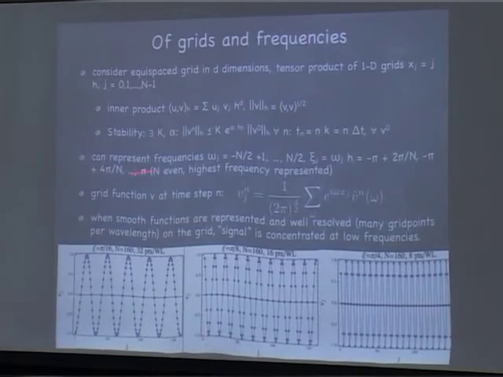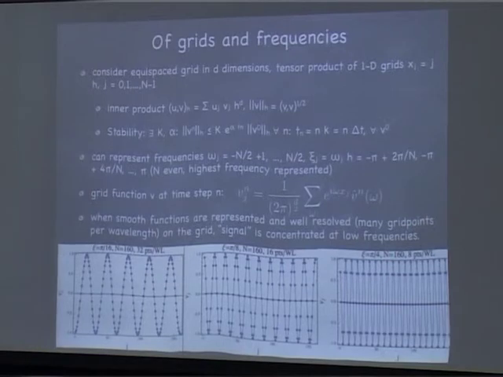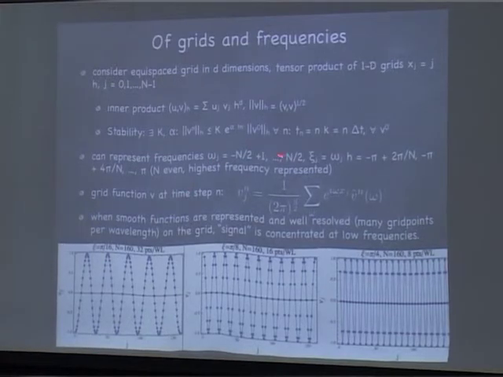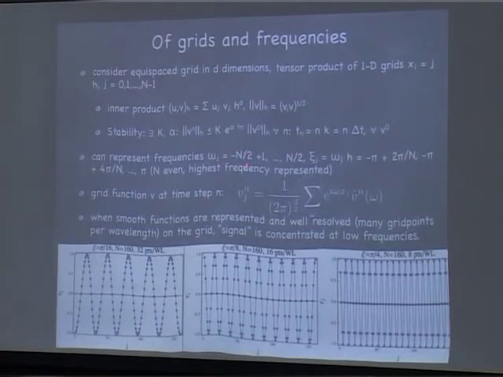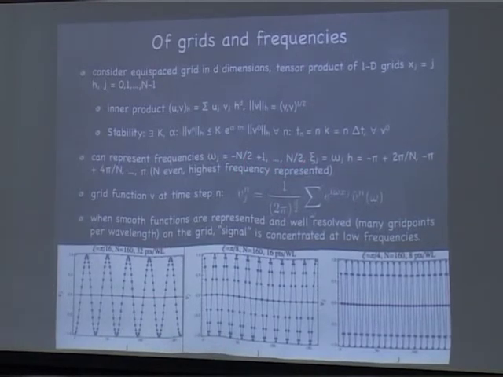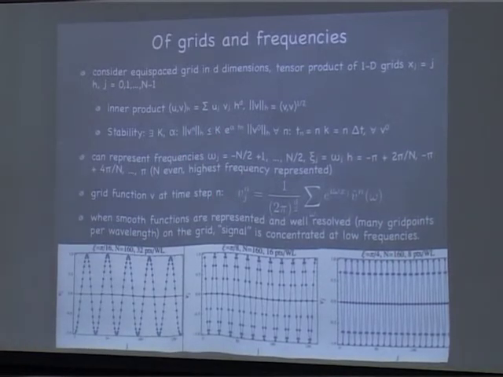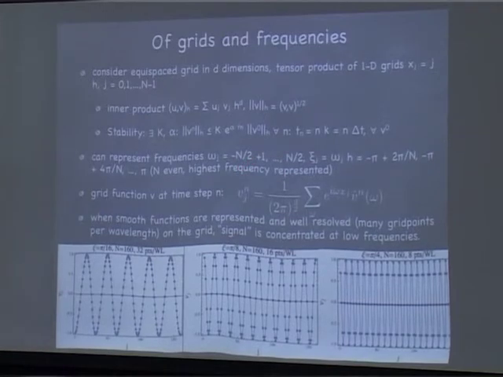And so now we can ask which frequencies omega we can represent on that grid, and we find that we go from minus n over 2 plus 1, and so on, to n over 2. So the more grid points we have, the higher frequencies we can represent.